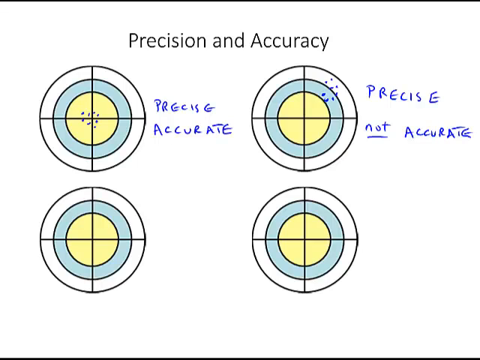The third shooter is an amateur, but his rifle is well calibrated. As a consequence, his shots center around the bullseye, but they're spread out more broadly. His shots are accurate. If you average them up, they're all around the bullseye, but they're not precise.